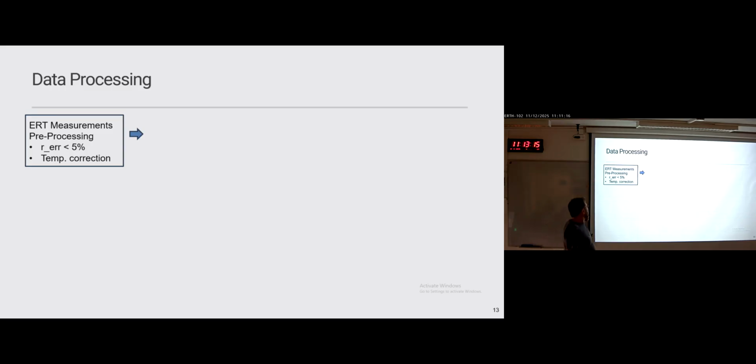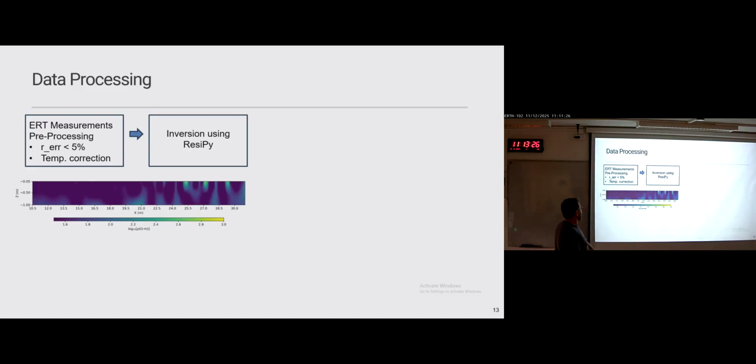I gave here some details about data processing. So after we take the ERT measurement, we do some temperature correction, some noise cleaning, and after the inversion, we get a 2D map of the subsurface. In this case, you see the log of the resistivity.